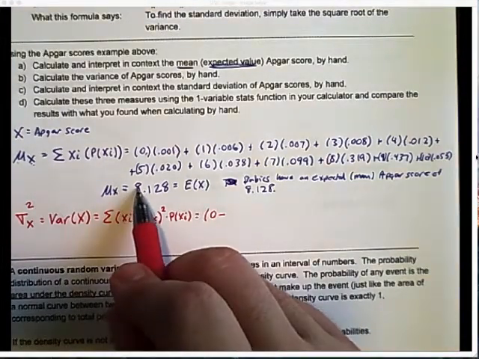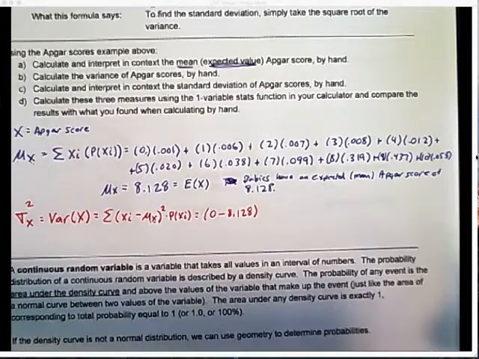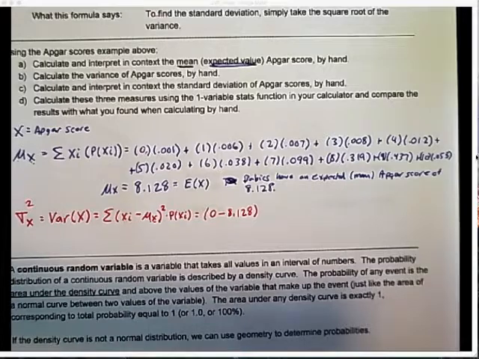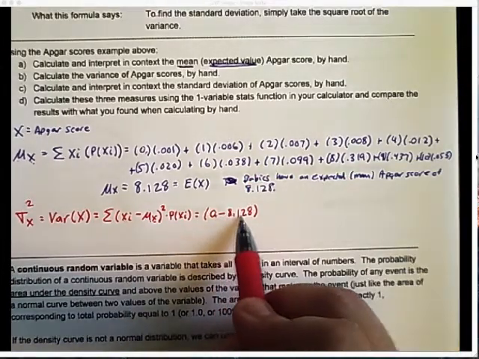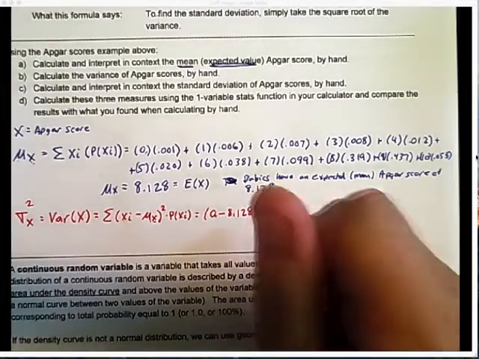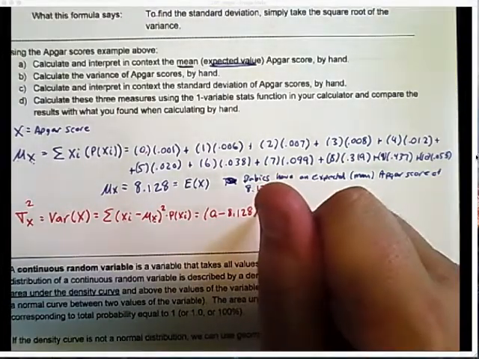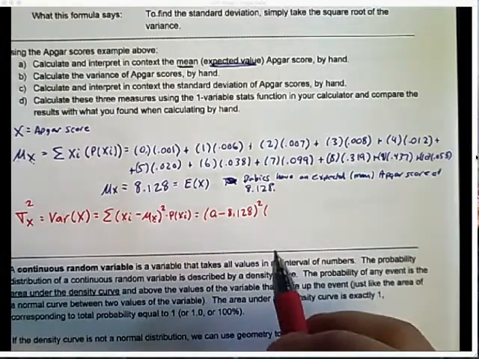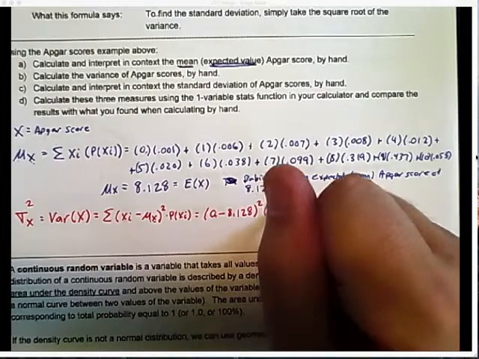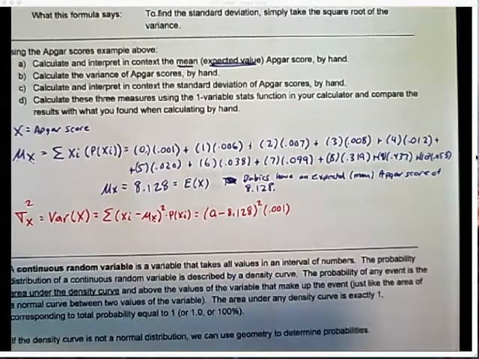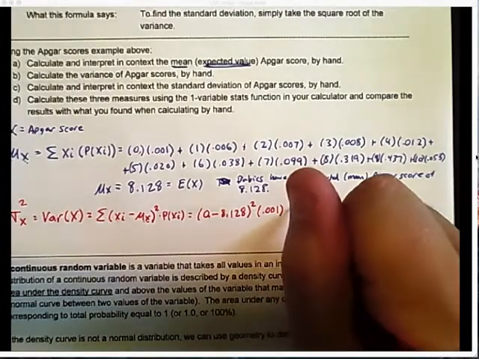Well, we found mu of x to be 8.128. Okay, so that was the mean. All right, so this APGAR score is 8.128 less than the mean. But with variance, remember we have to square. But now I need to multiply that times the probability of getting a 0. And the probability of getting a 0 is 0.001. And you got to do that for all the APGAR scores. So that's the first one.